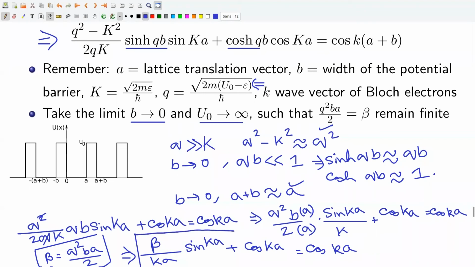Note that this equation is exactly the same as the equation we got for the Dirac comb.